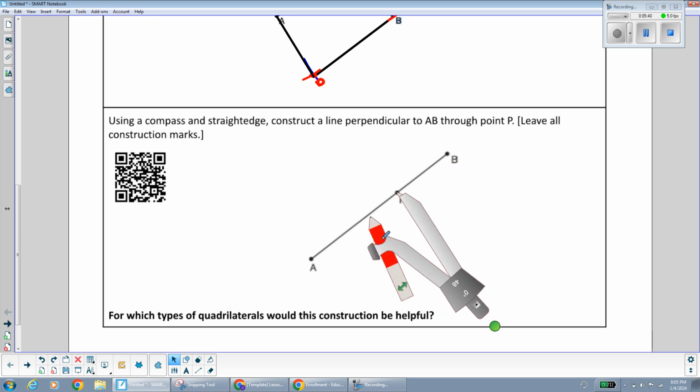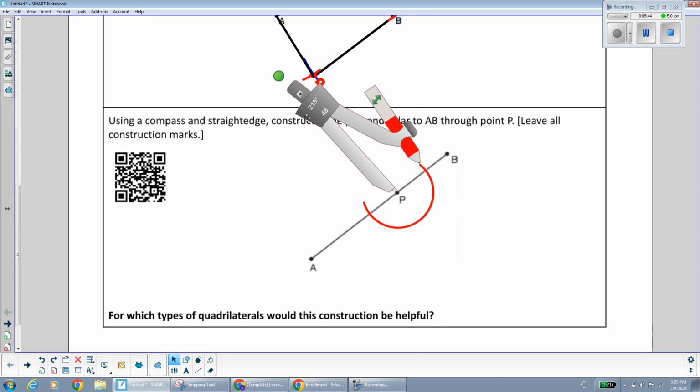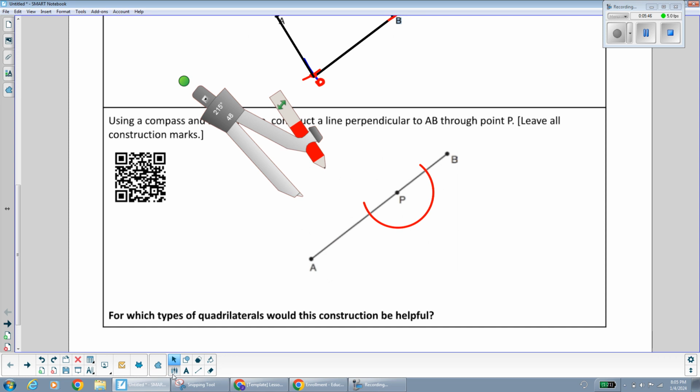It doesn't matter the length or the hole that you use. It just needs to intersect the line segment in two spots.